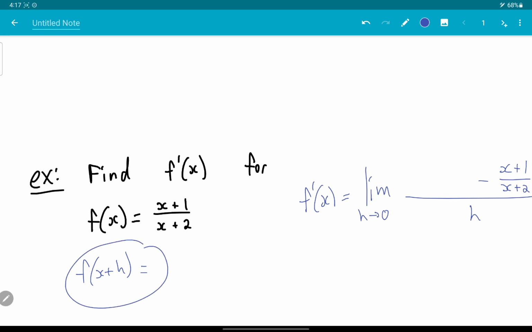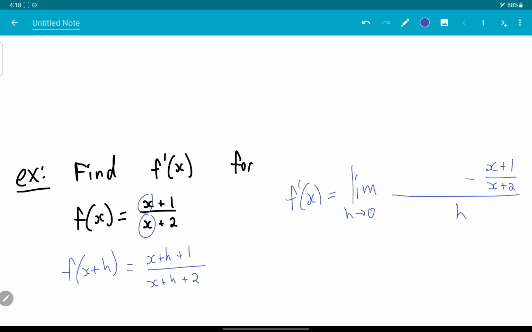To find f of x plus h, I merely take this expression, and everywhere I see an x, here and here, I replace it with x plus h. Okay, so it's not fun to look at, but that is what it is. Okay, so this guy goes here.